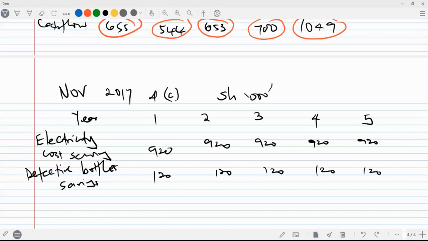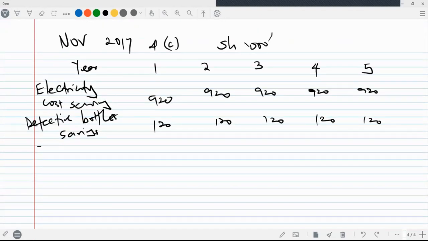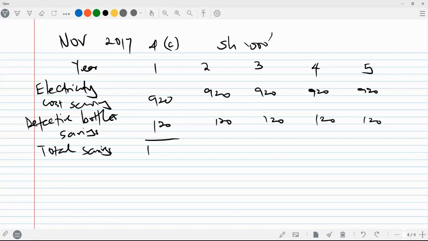Those are the annual savings you'll be making, and don't forget, these are savings. So here, your total savings per year will be equal to 1040. Every year, 1040.